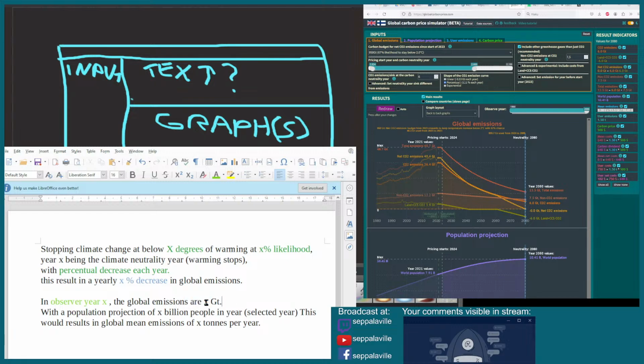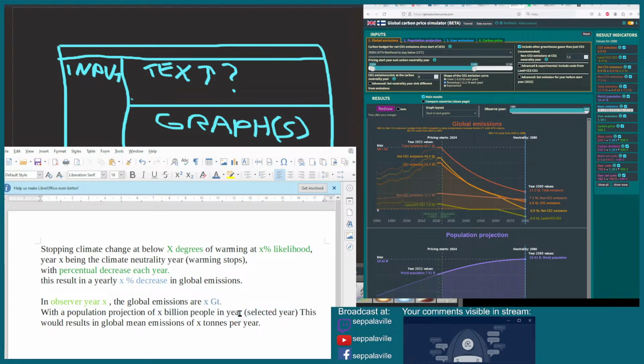And this here would be in blue because it's not directly chosen, but it's an indirect result. Population projection of X million. So I'm not sure this is part direct or part indirect.